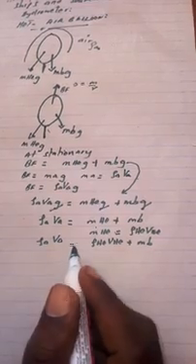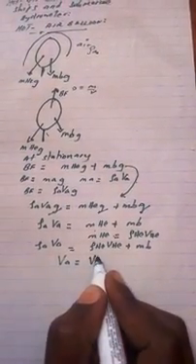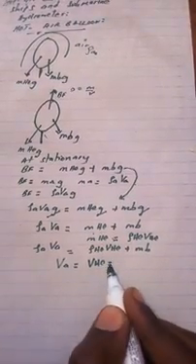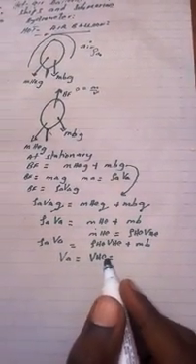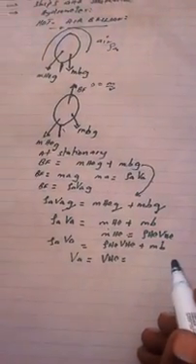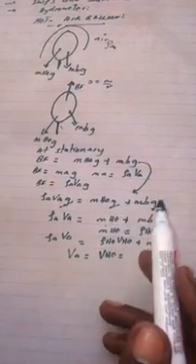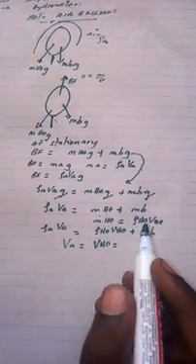Now, what happens here? The volume of air will be equal to the volume of helium, because the volume of the object is equal to the volume of the displaced fluid. In this case, the displaced fluid is the air. The air acts as the fluid.